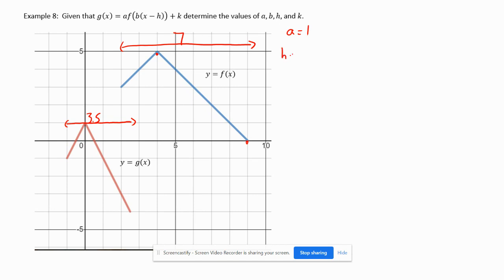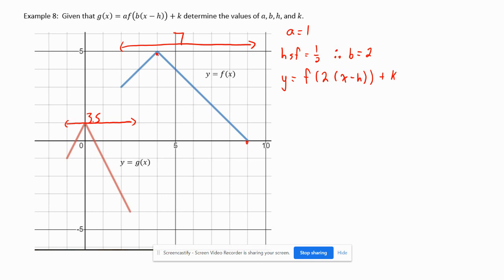So my horizontal stretch factor equals a half. Therefore, b equals 2. So here we have so far y equals f of 2x, and we do not know my h value or my k value here.